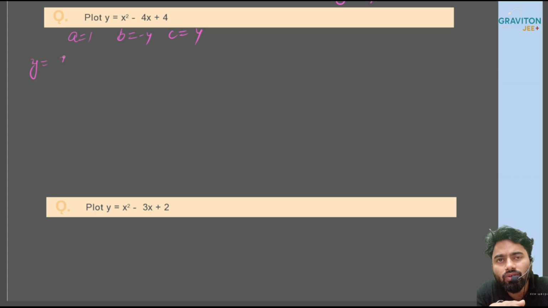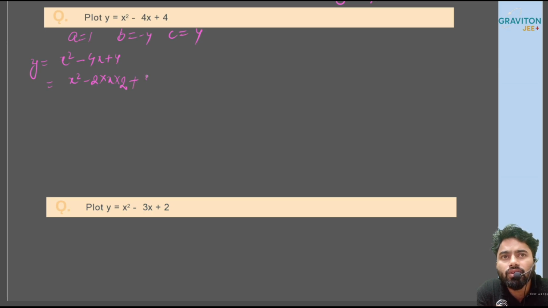So y equals x squared minus 4x plus 4. Write x squared minus 2x, and you have to multiply by a number so you get minus 4x. Here minus 2x, you multiply by 2. So basically you get minus 2 into x into 2, minus 4x.